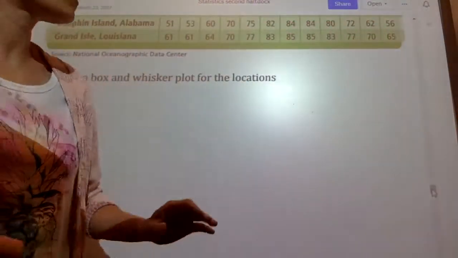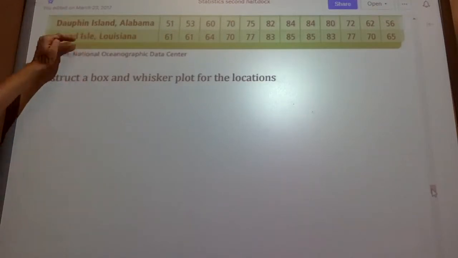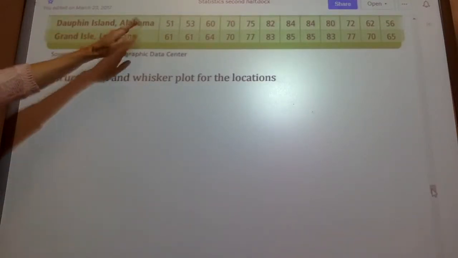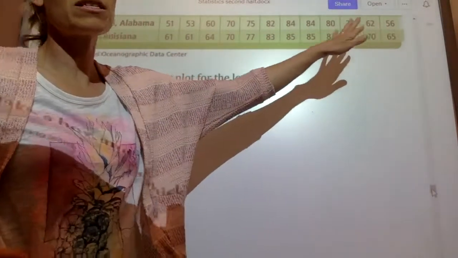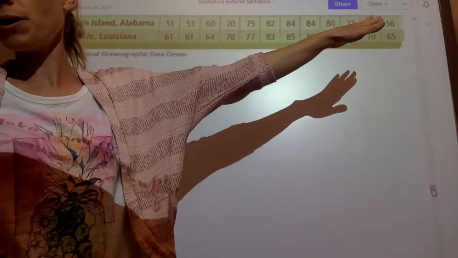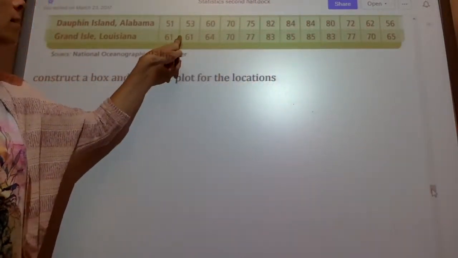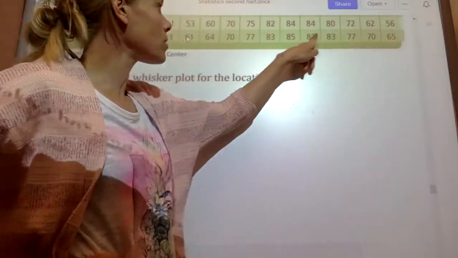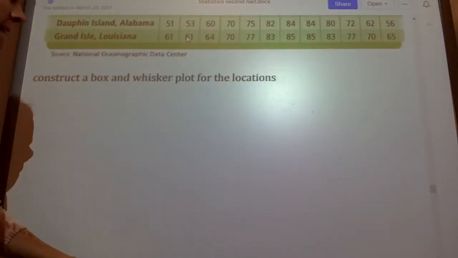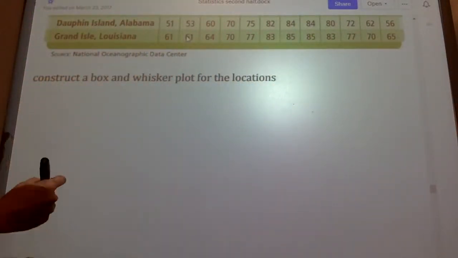We're going to do a box and whisker plot for Grand Isle, Louisiana here. You should notice there are 12 values. It represents each month, January through December. Looking at these 12 data values, the first step is to do what? I need to put them in order.